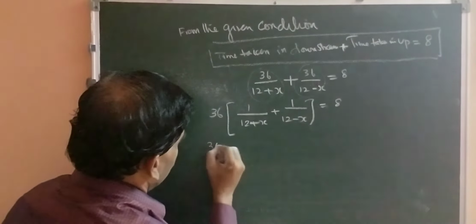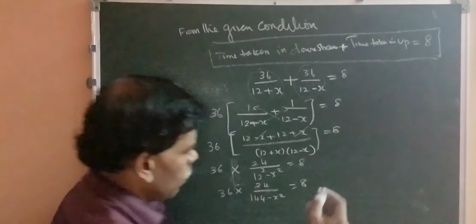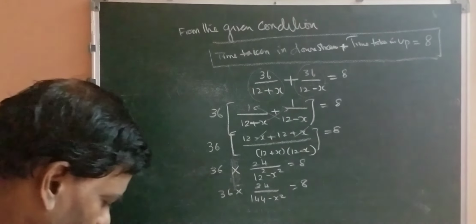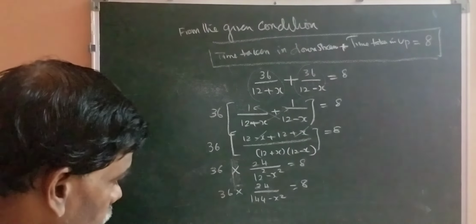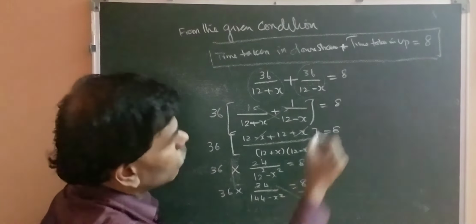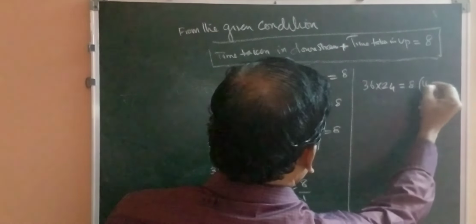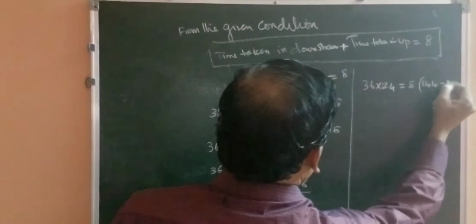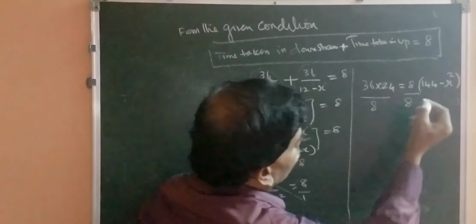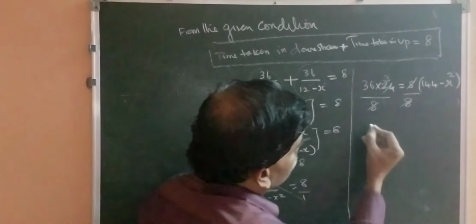So 36 into 24 upon 144 minus x square equals 8. We will cross multiply: 36 into 24 equals 8 into 144 minus x square. We divide by 8 on both sides, so 36 into 3.